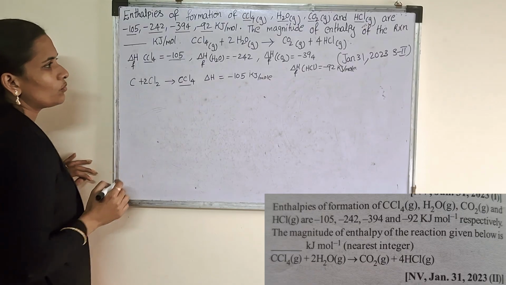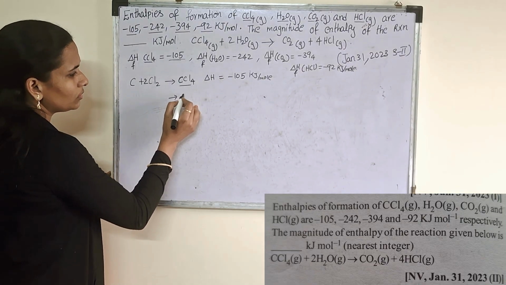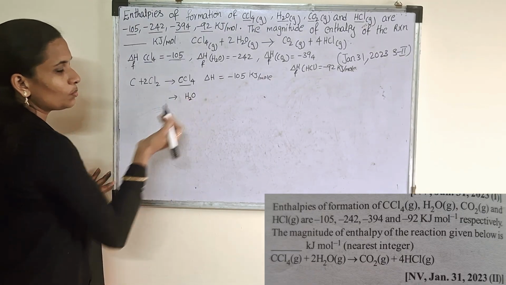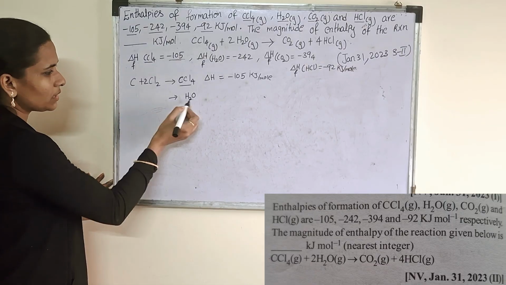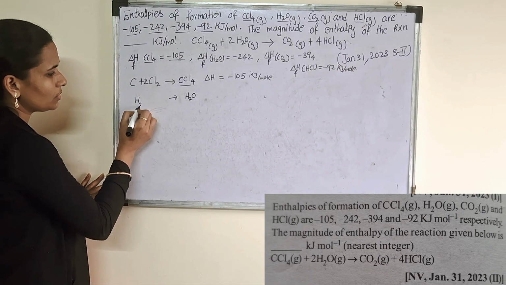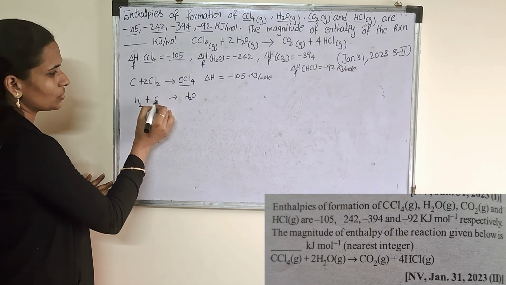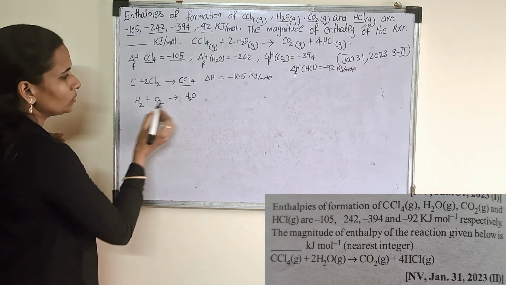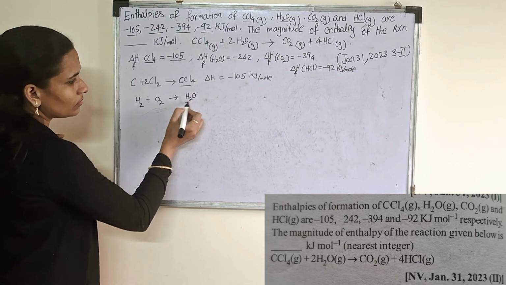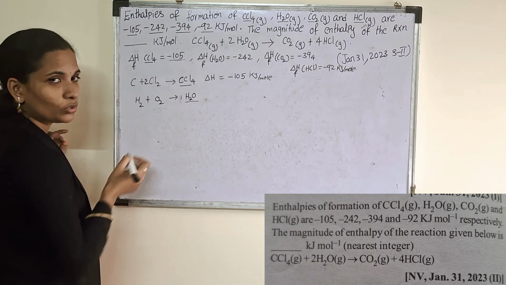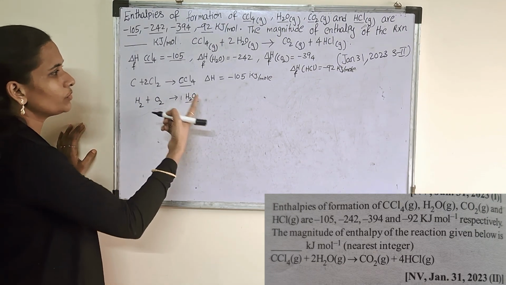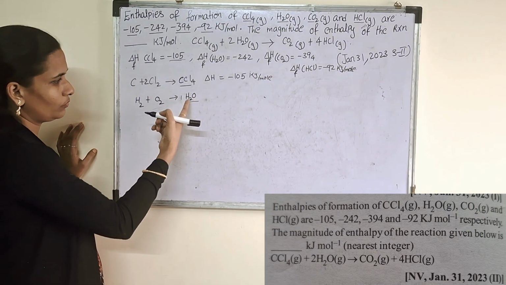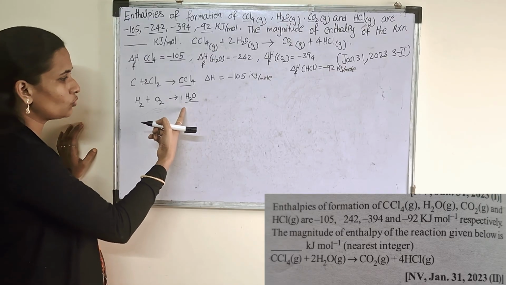Next, coming to the water formation. Water is formed from its constituent elements. What are the constituent elements? Hydrogen and oxygen in their standard state. Delta H formation means the substance we are preparing is 1 mole only.